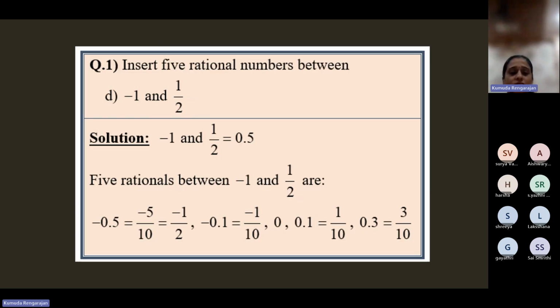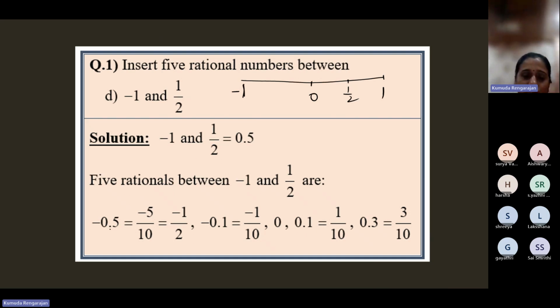Minus 1.5. Half is 0.5. So minus 1 and half. This is 0 and this is 1 by 2. This is 1. So you can see the numbers between minus 1.5 and 0.5.